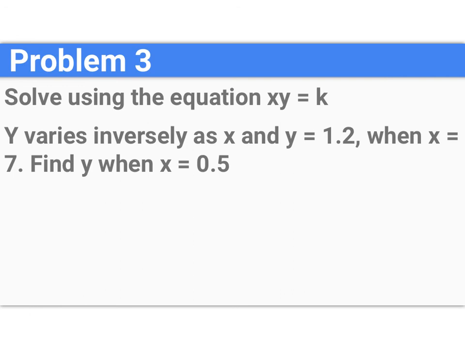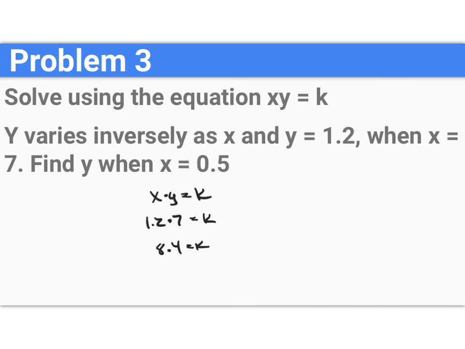Okay, solve the equation. Y varies inversely with x, and y equals 1.2 when x equals 7. So x times y equals k. So 1.2 times 7 equals k. So 4 carry the 1, that's 8.4 equals k.